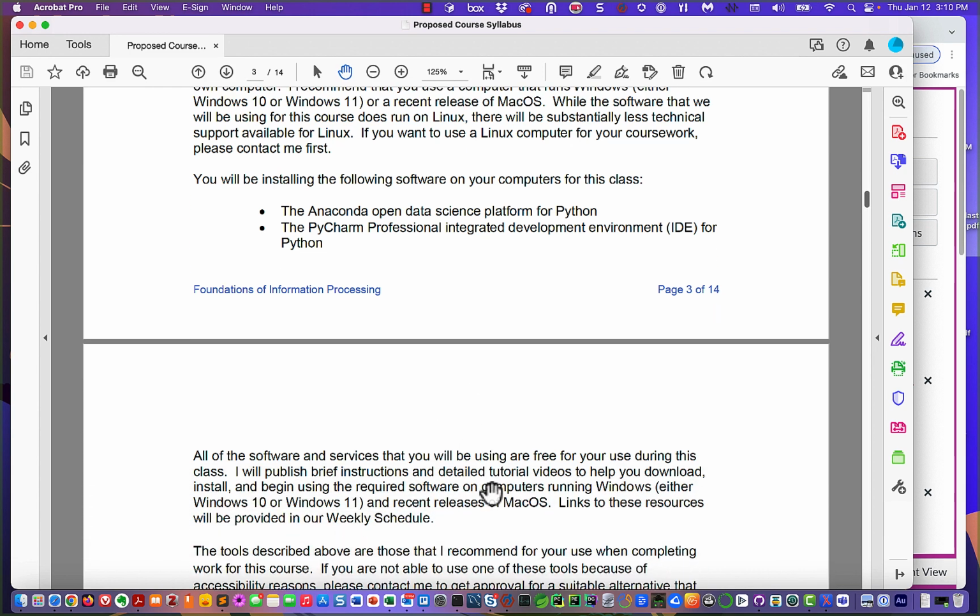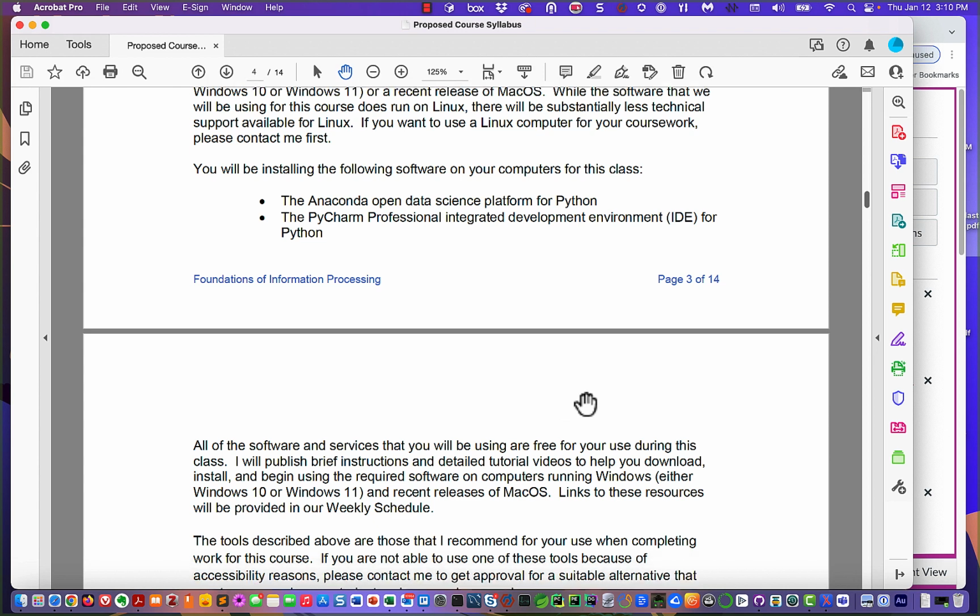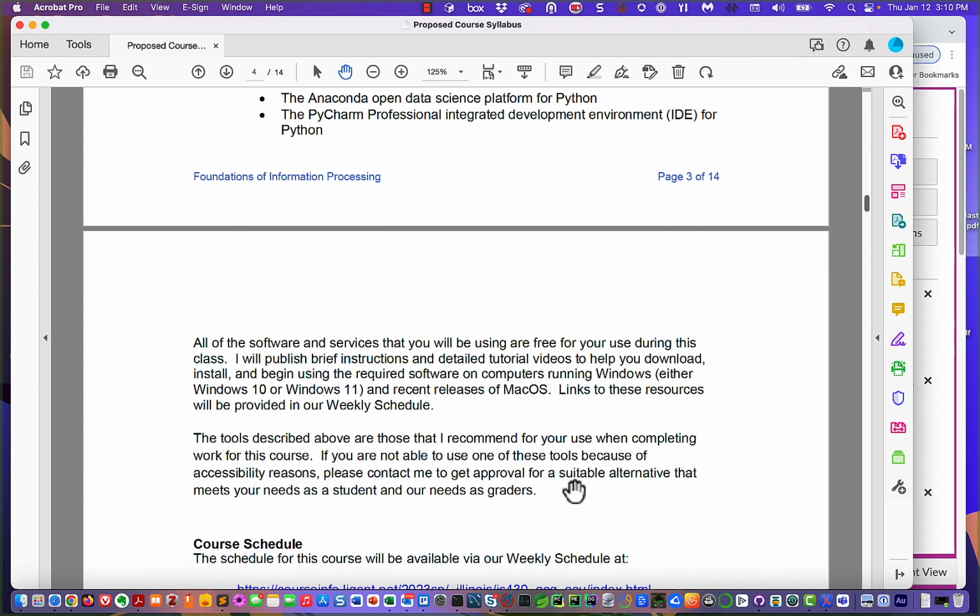The software that we're going to be using primarily is Anaconda and PyCharm Professional, two things that I'm asking you to install in week 1, and there are tutorials on that. If for some reason, especially things like accessibility, you can't use these exact tools, then you need to contact me so we can work out a suitable alternative.